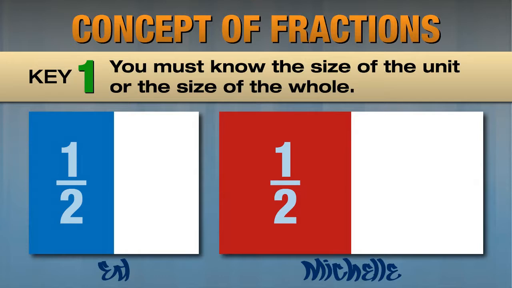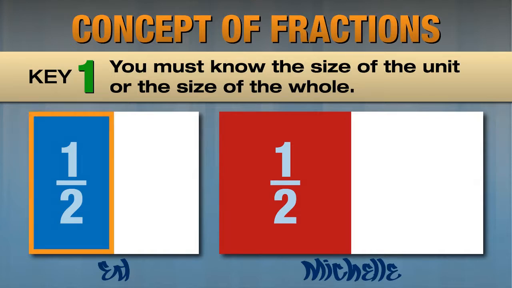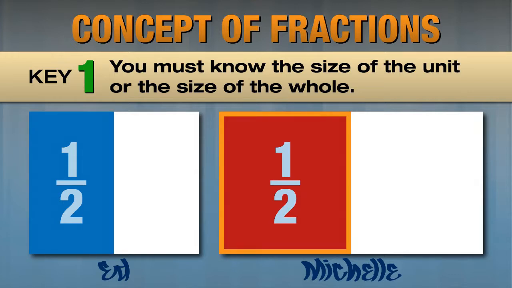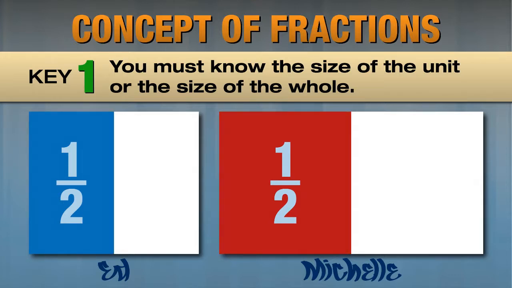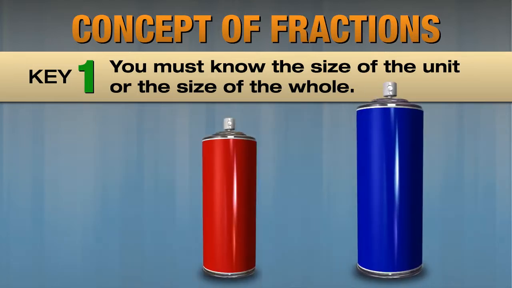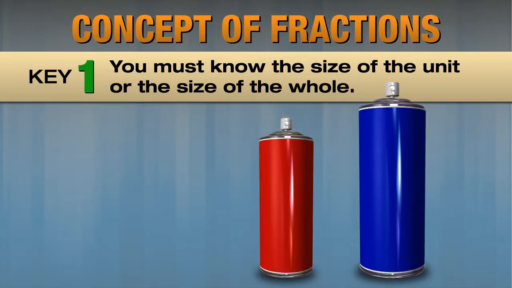One key point to working with fractions is knowing the size of the unit, in this case, the size of the wall. 1/2 of this wall does not equal 1/2 of this wall, because the units are different sizes. Here are 2 cans of spray paint that Paco used this morning, red and blue.